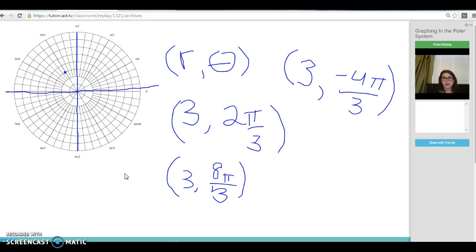There's one last way to represent a number in polar form, and that's to actually use a negative radius. I'm going to write down my formula up here so you can see exactly what I'm talking about.